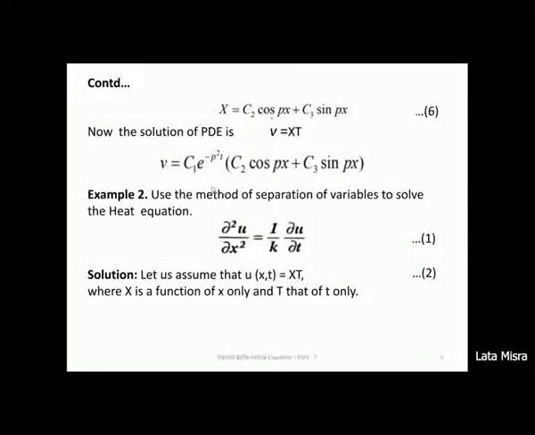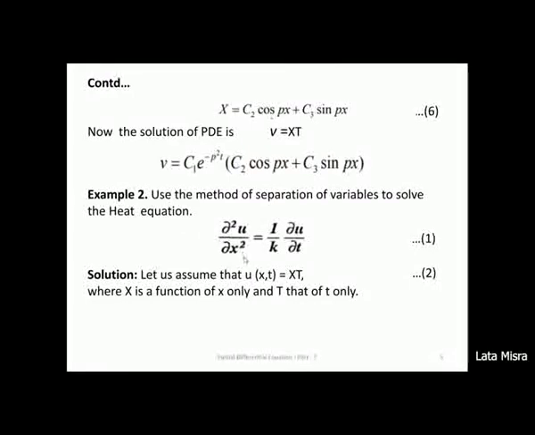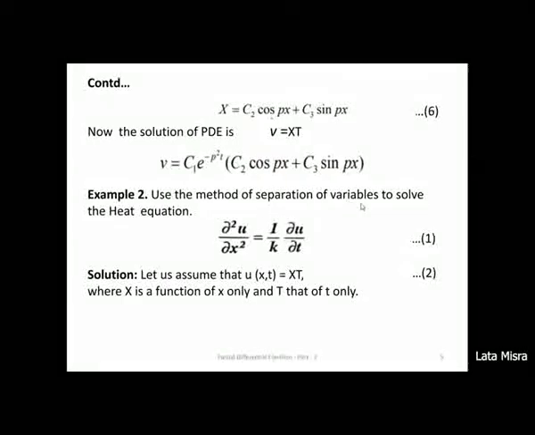Now we have another problem: ∂²u/∂x² equals 1/k ∂u/∂t, and this partial differential equation is also known as the heat equation. We have to find the solution of this heat equation by the variable separation method.